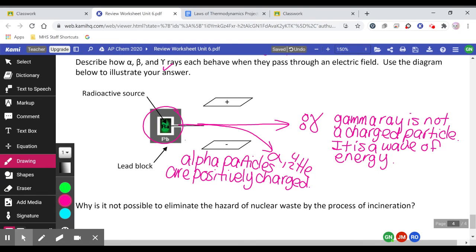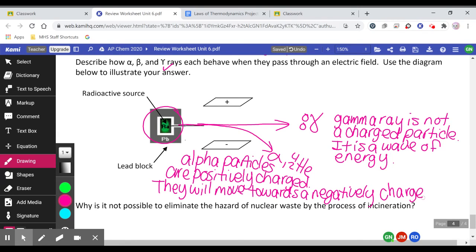They will move towards a negatively charged electric field. So there's our alpha.